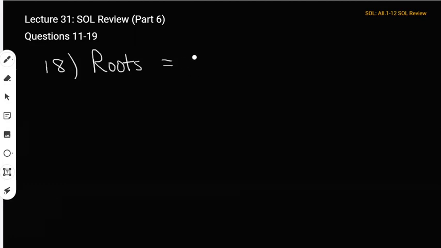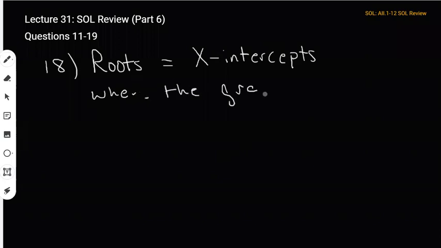Anybody know? X-intercepts. So x-intercepts are where the graph crosses the x-axis.